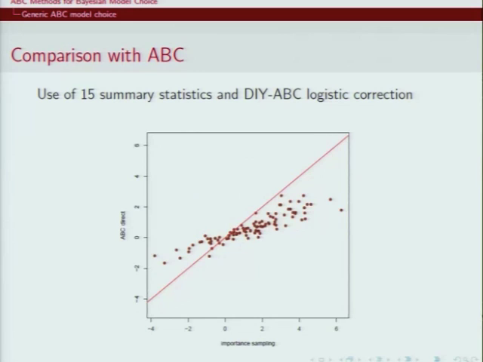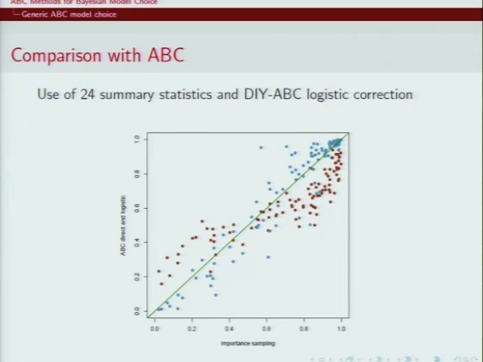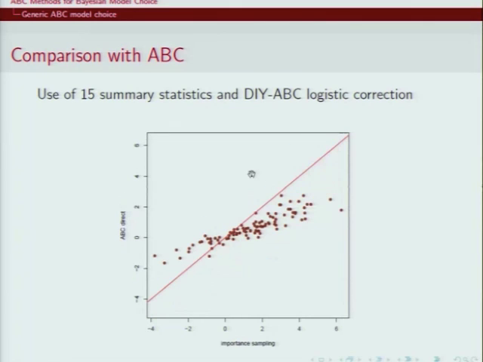Yeah, that's exactly this slide. If you use Mark's logistic correction, you do get an improvement towards the diagonal, the true posterior probability. The shrinkage effect of the logistic brings the blue dots closer to the diagonal, even when we throw away some summary statistics.